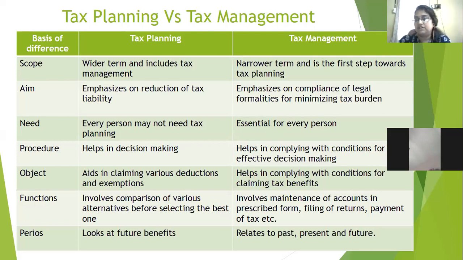In this case, if I know how to tax plan, I can take the benefit of deductions, thereby reduce my gross total income of 3,50,000 or 4 lakh to 2,50,000 if I am an assessee below 60 years of age. So tax management is essential for all, whereas tax planning is not essential for all.